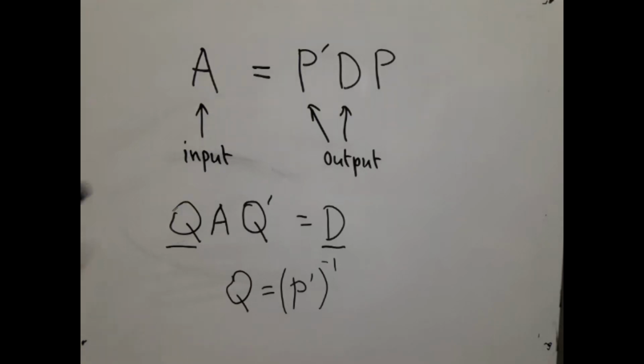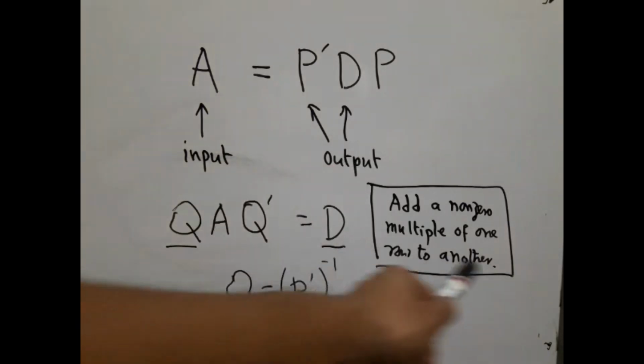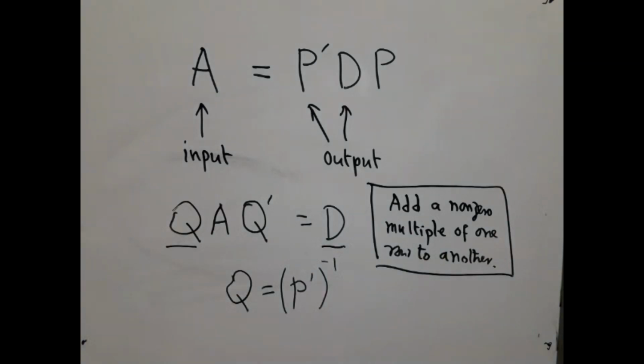Now, what I will be doing here, I will construct Q out of some very simple operations, and the simple operation will be adding a non-zero multiple of one row to another. So, this is the operation that we are going to do. Now, when we studied Gauss-Jordan elimination or Gaussian elimination, we already know that this was one of the elementary row operations.